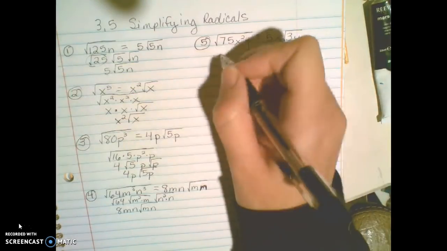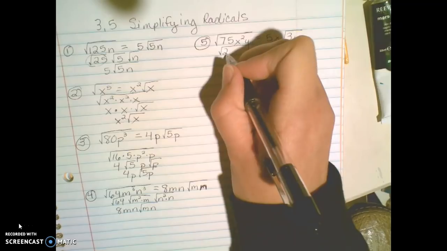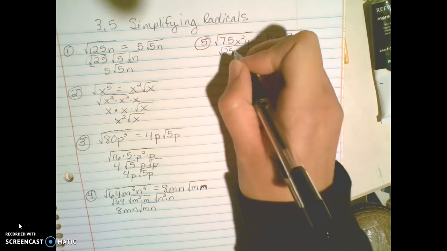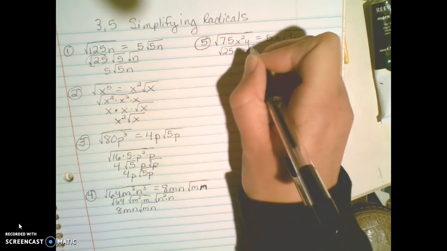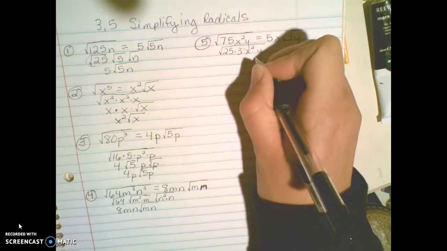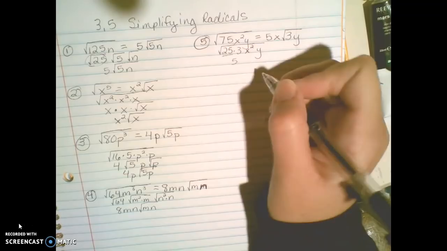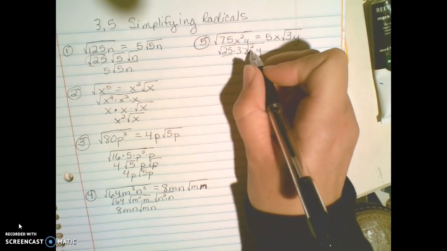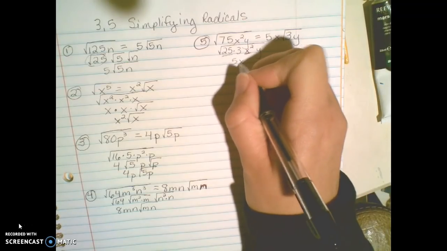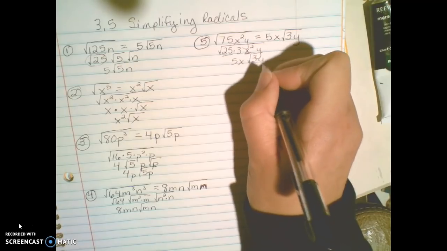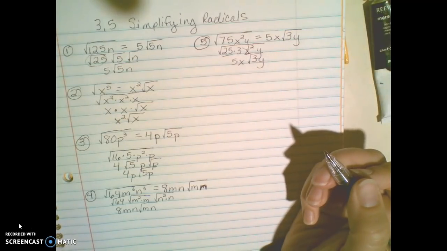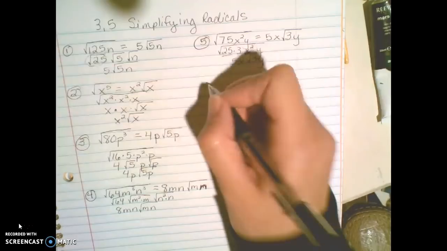And the reasoning behind that is 75 can be separated into 25 times 3, x squared, and then y. This can be taken out as it's a perfect square. Square root of 25 is 5. This can be taken out. Square root of x squared is x. And then the 3 and y have to stay where they are because they're not perfect squares.